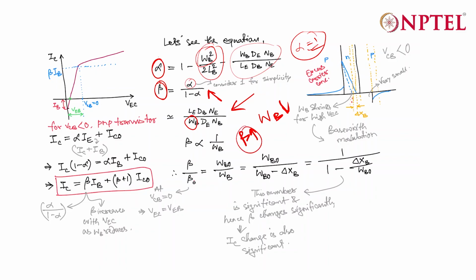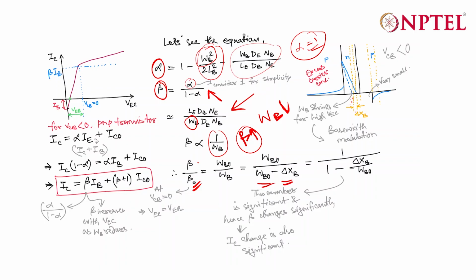Now, if you find the ratio beta by beta 0, where beta 0 is the value of beta when VCB is equal to 0, then you can write beta by beta 0 is equal to WB0 by WB, because beta is inversely proportional to WB. So you can write WB0 divided by WB0 minus del XB.